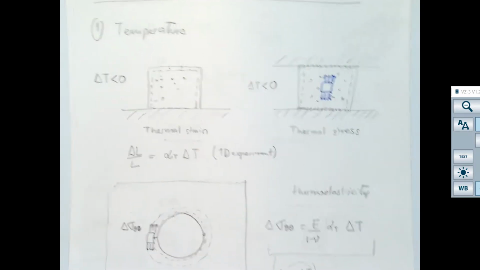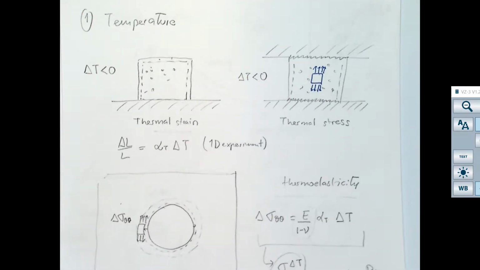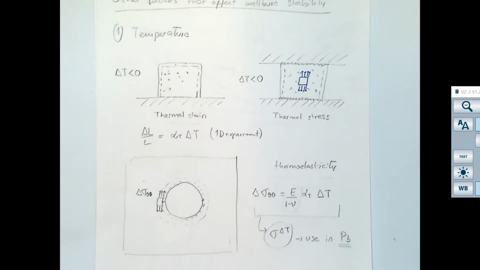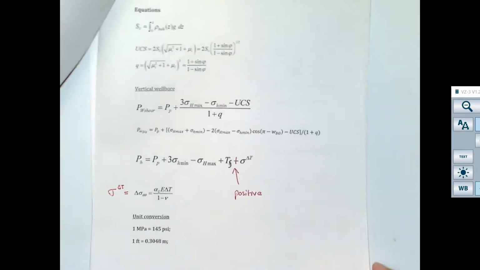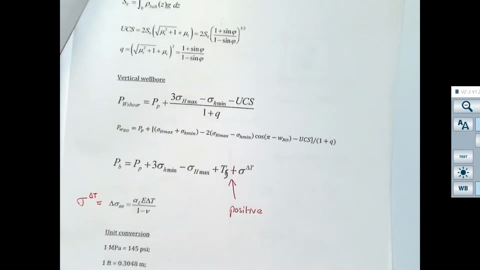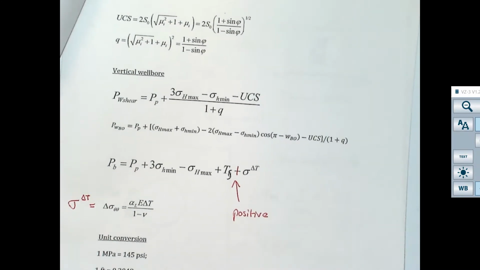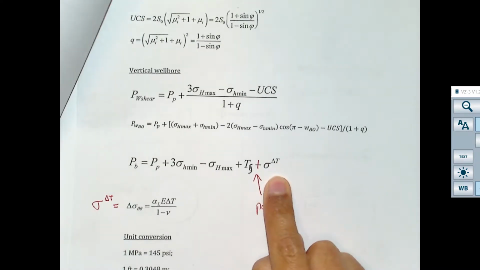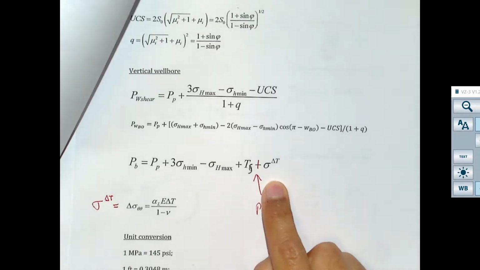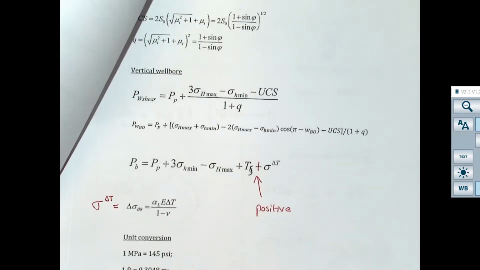Basically, temperature is going to add tensile stresses that could lower your breakdown pressure. I was checking the exams, and I noticed that there was some inconsistency in the equations that I put in there about the signs, and some of you already noticed this. I had a negative sign here, assuming that thermal stress you will compute as positive. But let's just stick to what we have in the class notes.